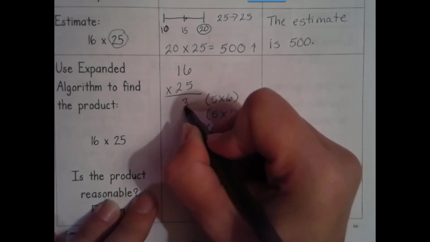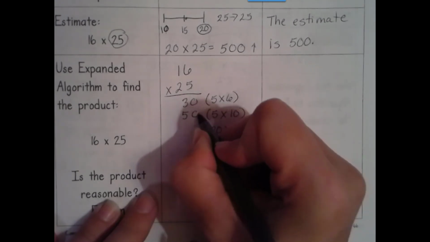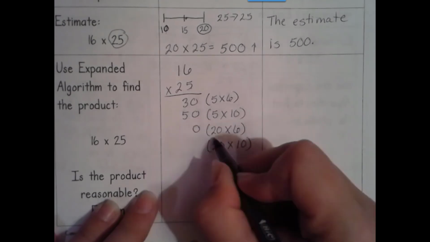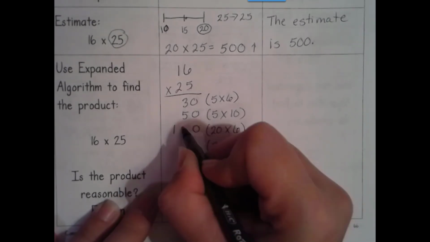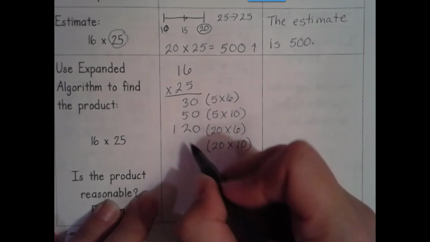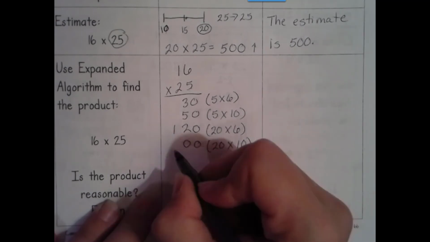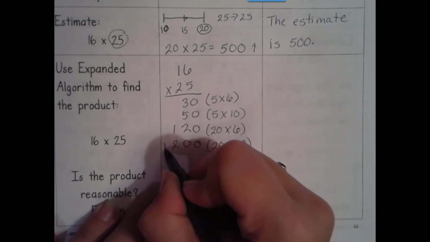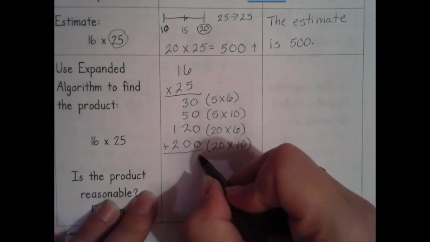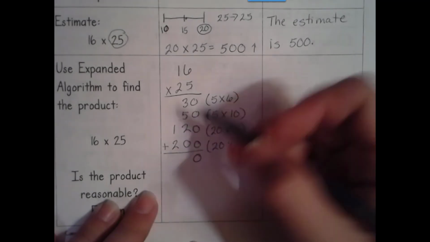5 times 6 is 30. 5 times 10 is 50. 20 times 6, the placeholder moves it over a place. 2 times 6 is 12. 2 placeholders moves it over 2 places. 2 times 1 is 2. 0 plus 0 plus 0 plus 0. 3 plus 5 is 8 plus 2 is 10.